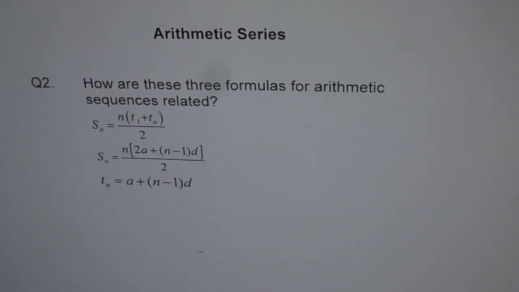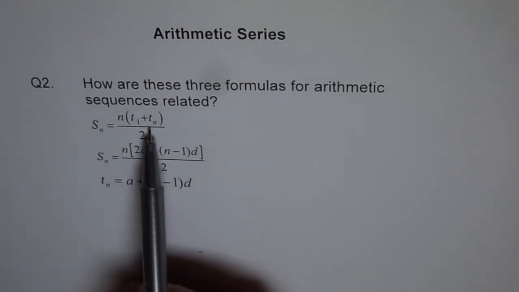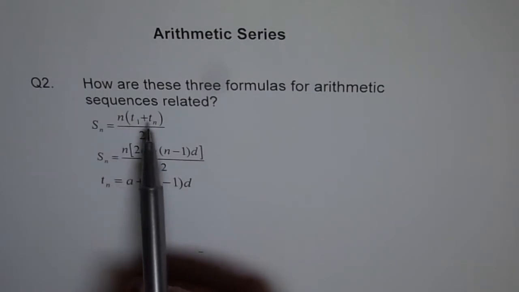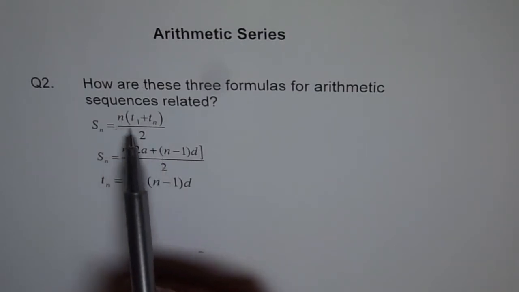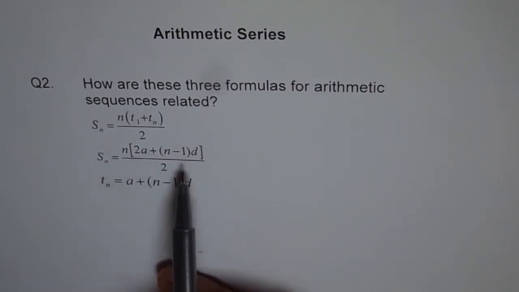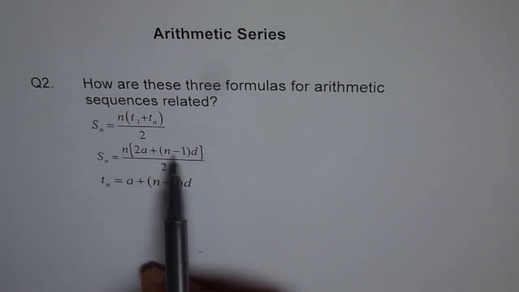So basically you understand these formulas individually. The first relates the sum of n terms to the first term, the given last term and the number of terms. This one is the sum of n terms which relates the first term with the number of terms and the common difference.